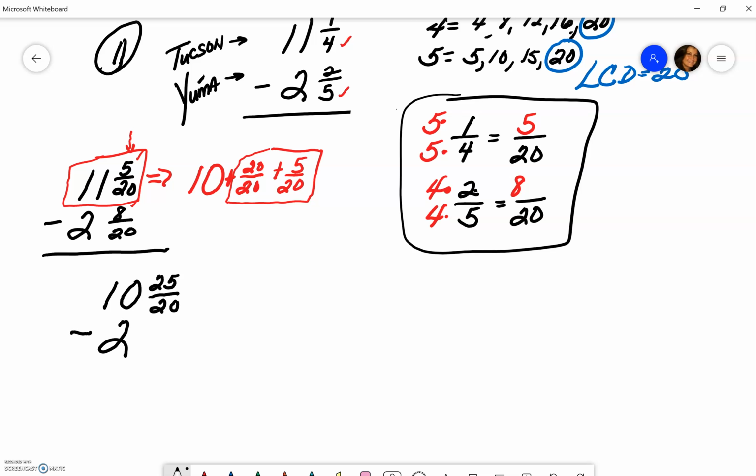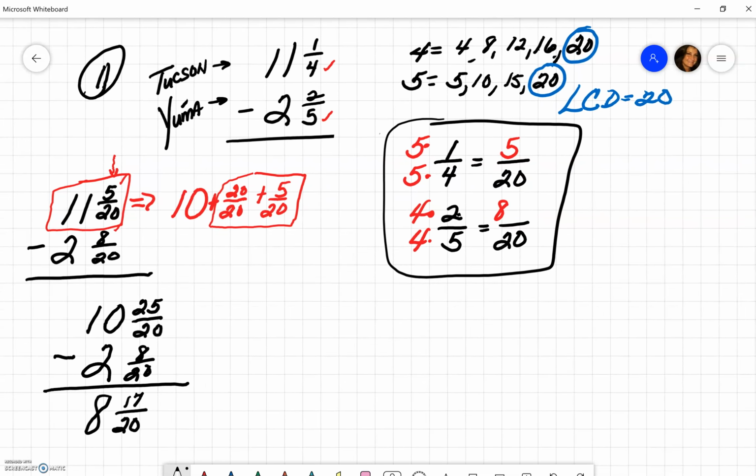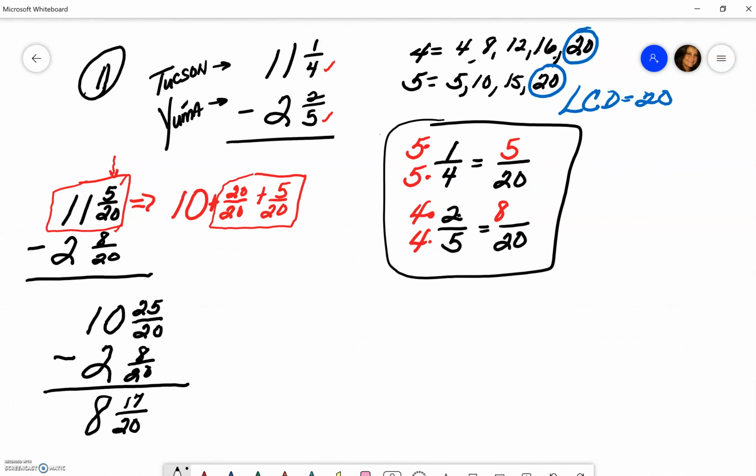Subtracted by 2 and 8 over 20. And then you can now subtract out the problem, and our final answer is 8 and 17 over 20, and that is in simplest form. So the trick here was to go through the normal process, find your lowest common denominator and your equivalent fractions, but the goal was then to borrow, because we had a lower fraction on the top, and you want to use this process right here.